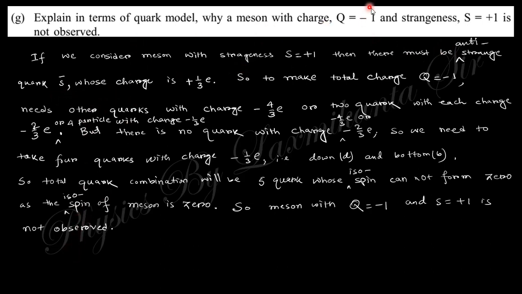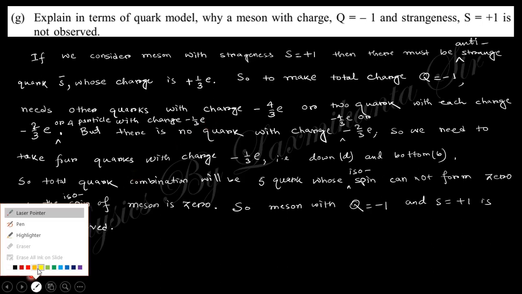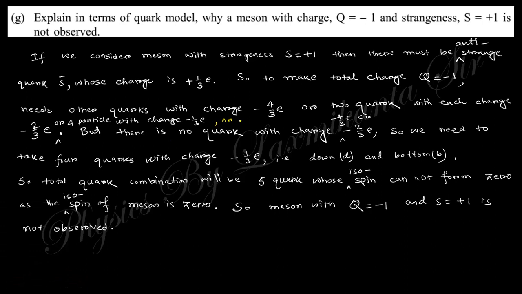Since its charge is +1/3, but the total charge is -e, you need another quark such that the total charge is -1. How is this possible? You could take a quark with charge -4/3, or two with charge -2/3, or four with charge -1/3, or a combination of -2/3 and another, or two with -1/3 and one with -2/3.